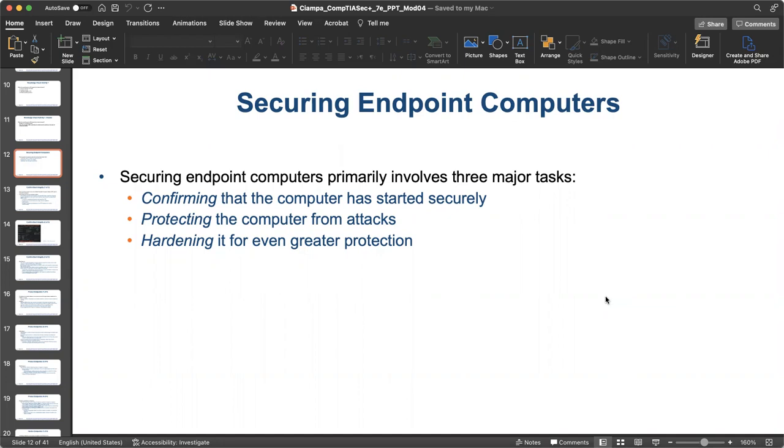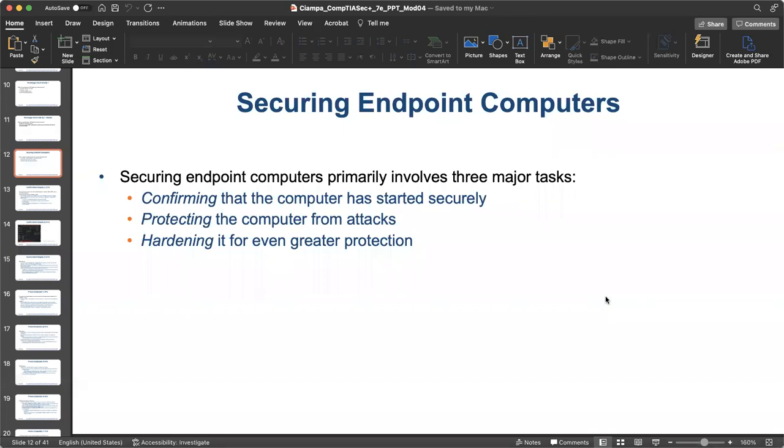So securing endpoint computers primarily involves 3 major tasks: confirming that the computer has started securely, so a secure boot, protecting the computer from the attacks, and then hardening it for even greater protection.